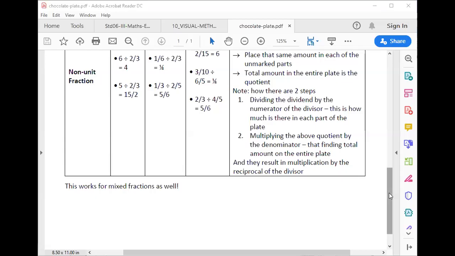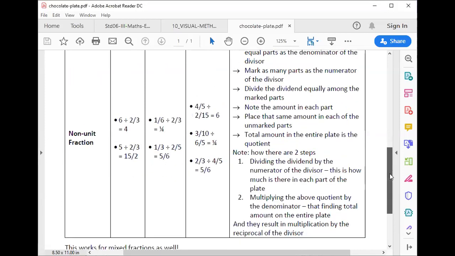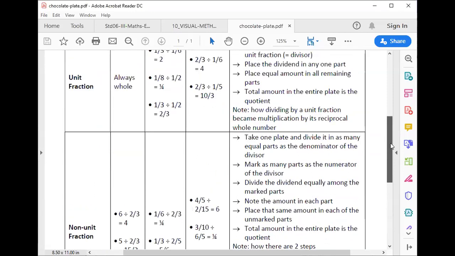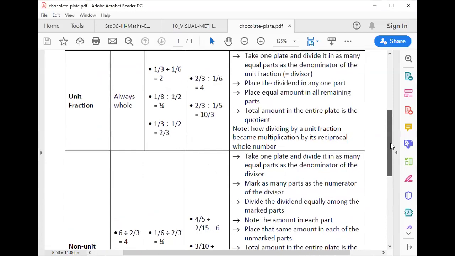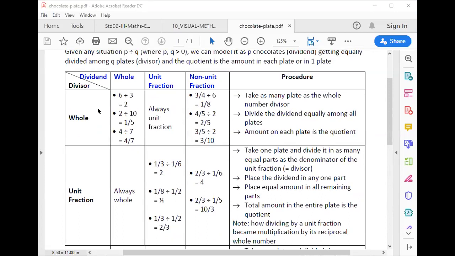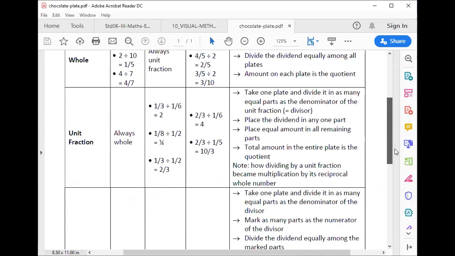Okay. So back to the chocolate plate. Just like your dividend can be whole, unit fraction or a non-unit fraction, similarly your divisor can be whole or a unit fraction or a non-unit fraction.